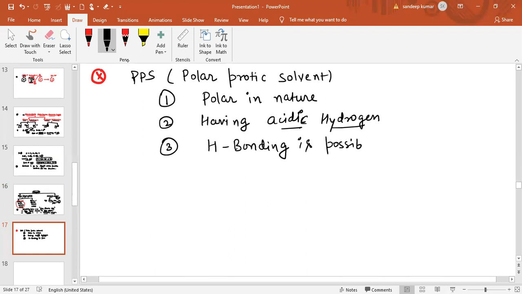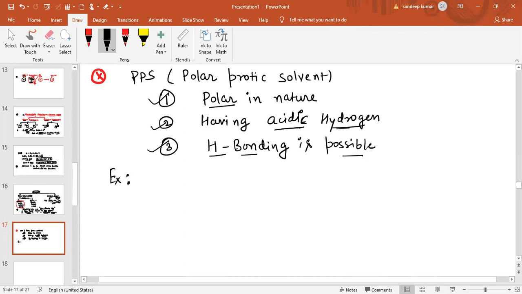So in polar protic solvents, these are polar in nature, they have acidic hydrogen, and hydrogen bonding is also possible.